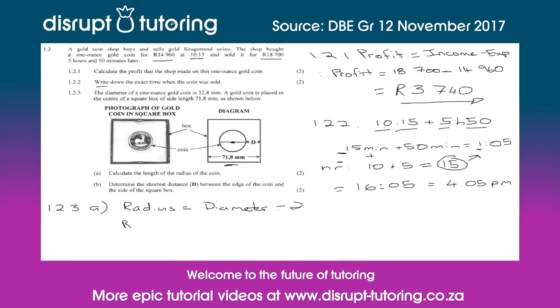So your radius will be 32.8 millimeters divided by 2. Put that in your calculator, it's going to equal 16.4 millimeters. Remember to keep your units as well.